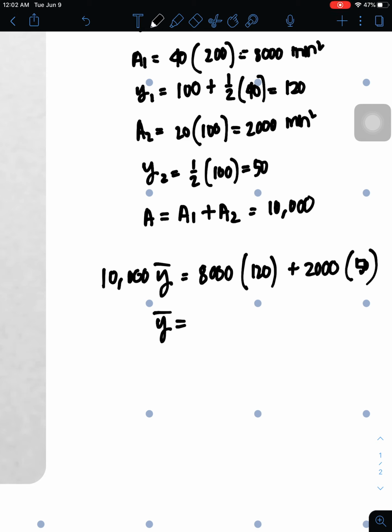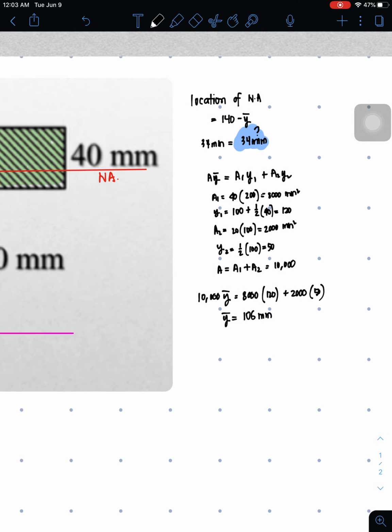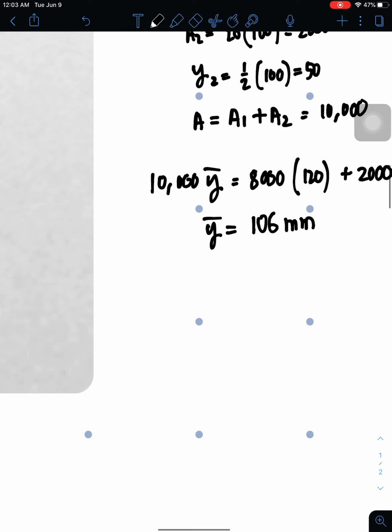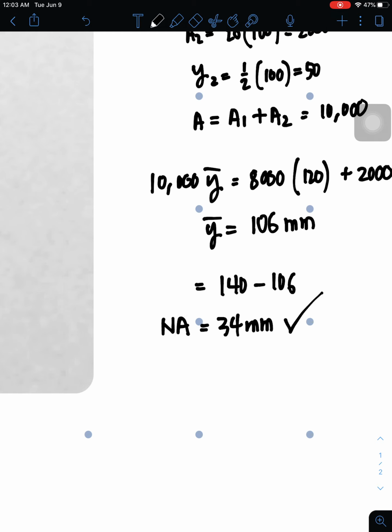So our barred Y, let's compute, is 8,000 times 120 plus 2,000 times 50 divided by 10,000. It's 106 millimeters. So is this going to satisfy that 140 minus 106 equals 34? So we proved that it's correct.